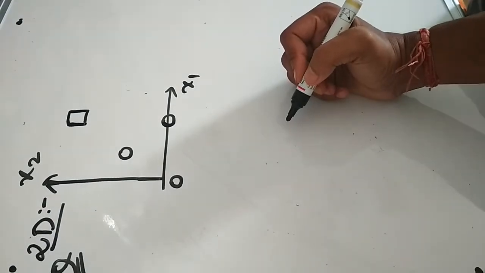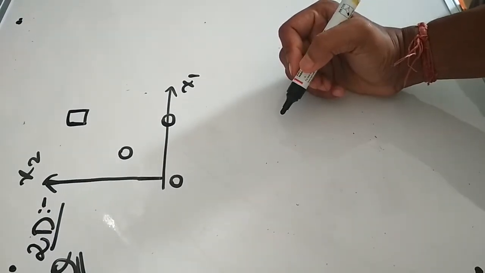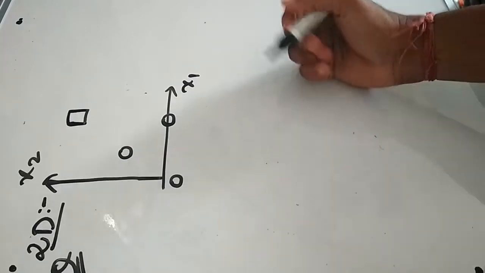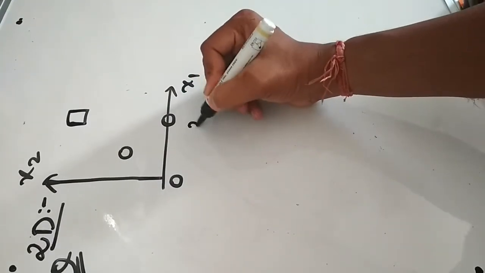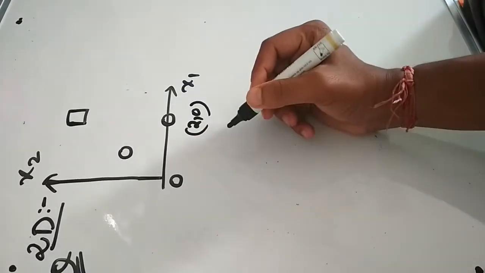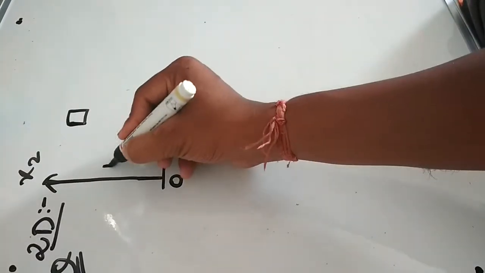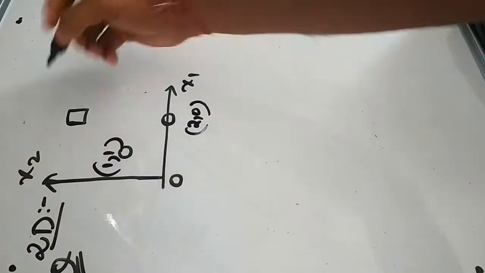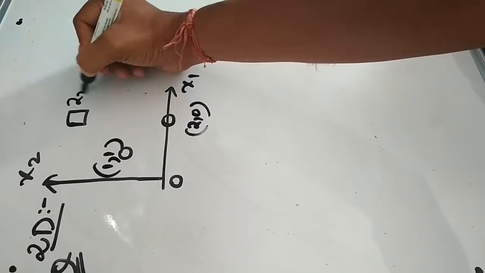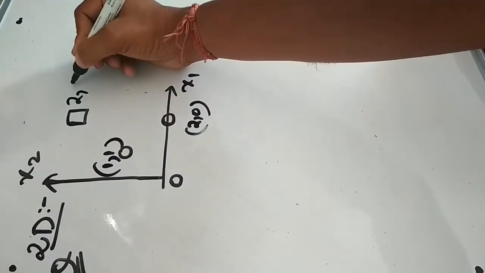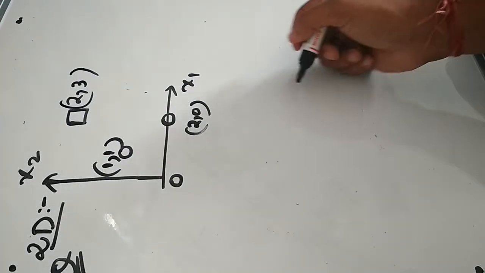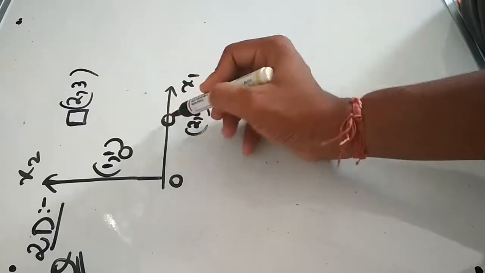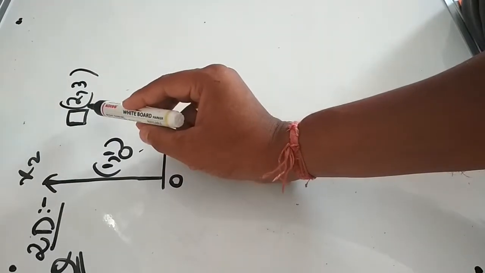Getting? So it has a coordinate of 2, 0, and it has a coordinate of 1, 1, and it has a coordinate of 2, 3. So first of all we have to find, so these are circle groups and this is a square group.